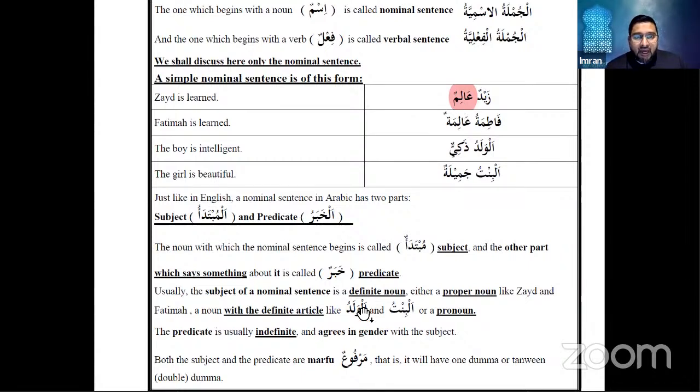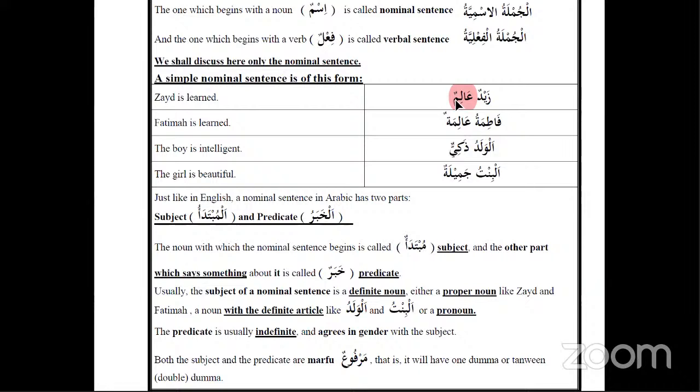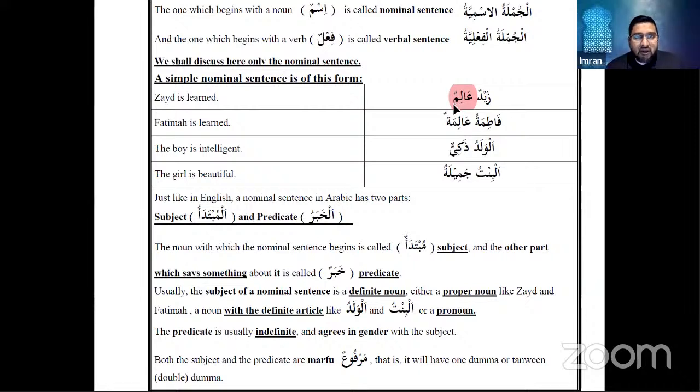Now, as we have read, both the subject, Zayd, and the predicate, alimun, are marfu, meaning they should have a dhamma or a dhamma tanween. Can you see alimun having a dhamma tanween? In the Arabic language, changing the harakat, fatha tanween, kasra tanween, dhamma tanween, conveys a meaning.